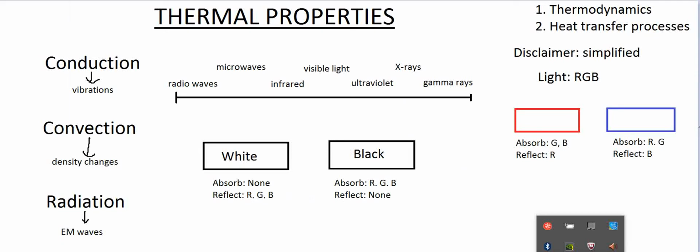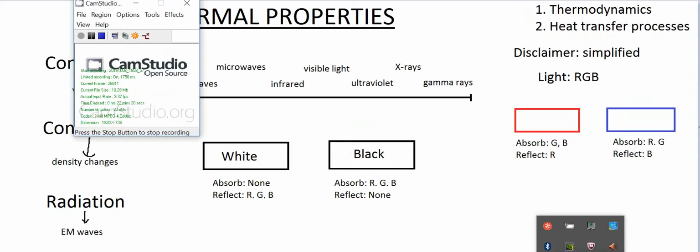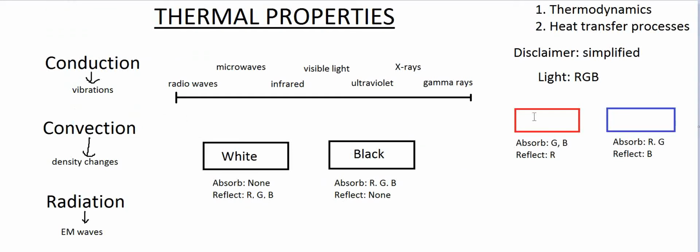So these colors of light are forms of radiation, and black surfaces absorb them while white surfaces reflect them.